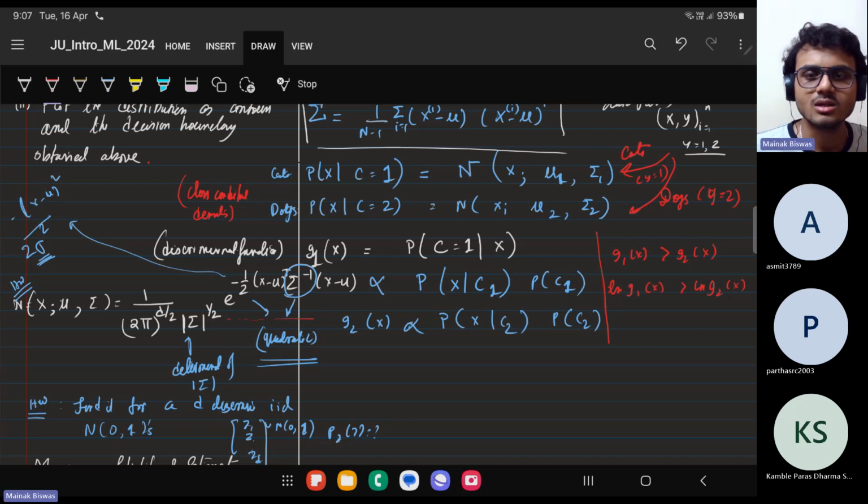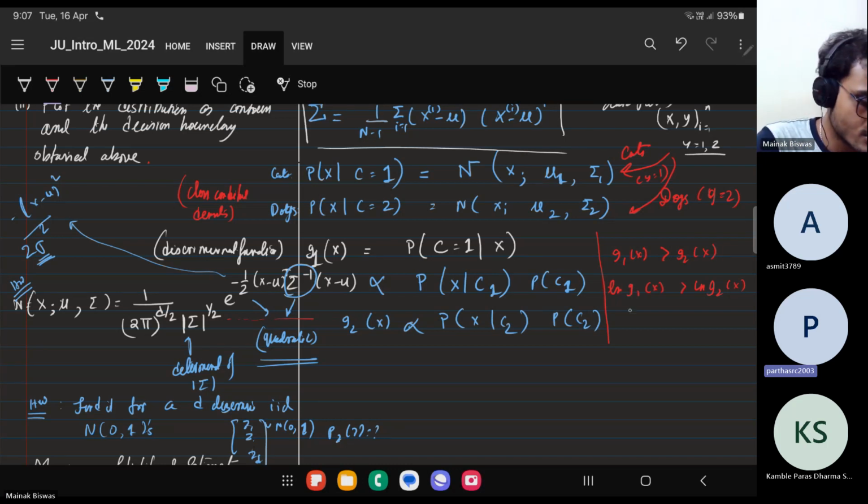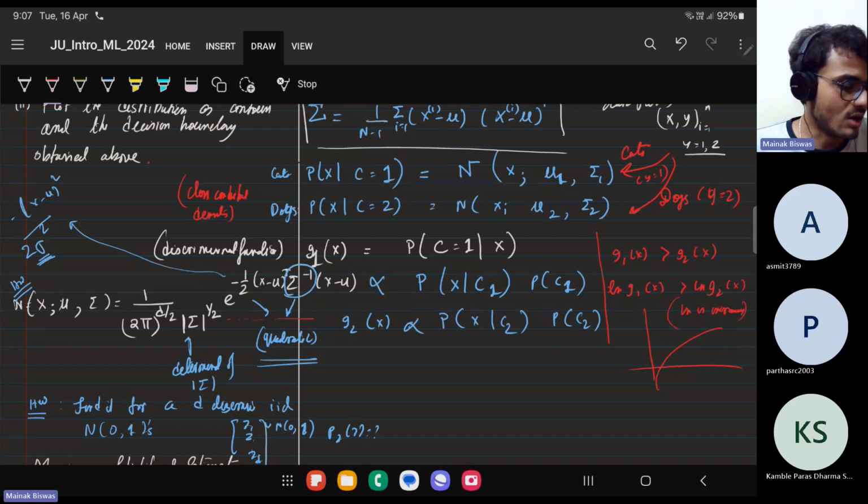Log is an increasing function. So for simplicity, I will take log.